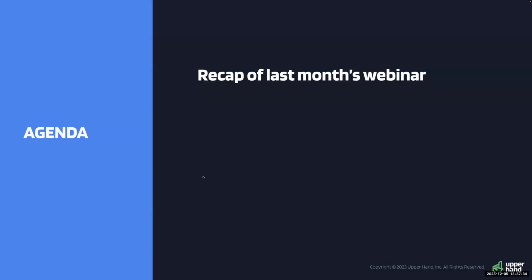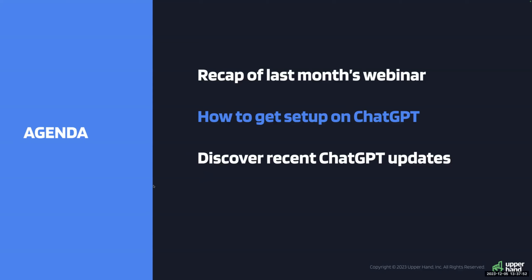All right, so the agenda is going to be very similar, but a little different than the last webinar. I just want to recap what we covered last time, so that if there's anybody on today's call that was not able to attend the last webinar, you could go back and take a look at it. A quick reminder of how to get set up on ChatGPT and how you can follow along in today's webinar. Then we're going to spend the majority of today discovering and discussing recent ChatGPT updates.